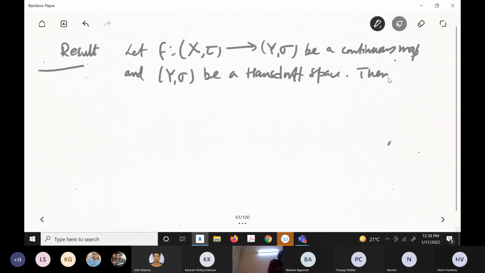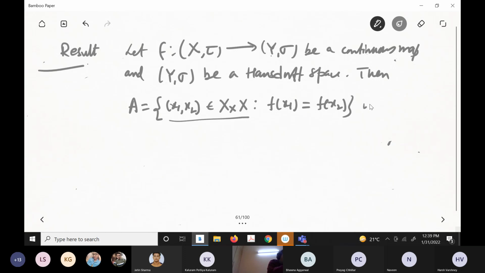Then take this set A, which is in X cross X, such that f(x1) equals f(x2). I am not using x, y because it's a convention here that y is from the range, but here it is from the domain. So that's how I'm using x1, x2, taking X cross X.